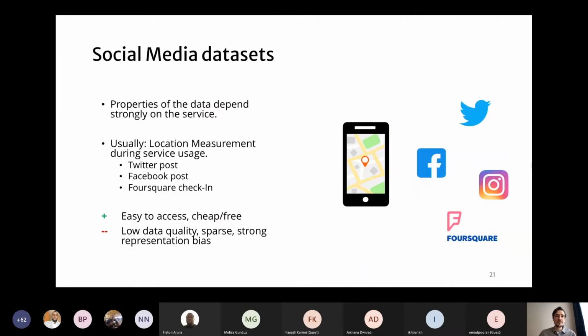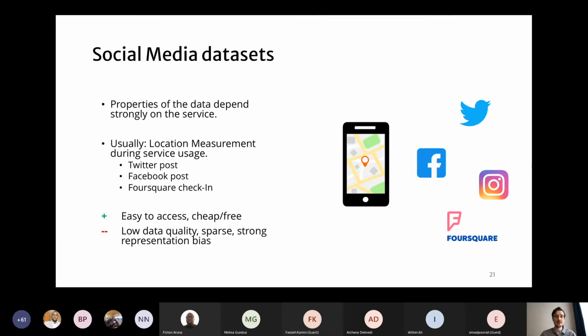Then I just want to briefly mention there are also social media data sets, where the properties depend a lot on which service exactly the data is generated from. So usually it works like this, that a location measurement of a user is done during the usage of the service.